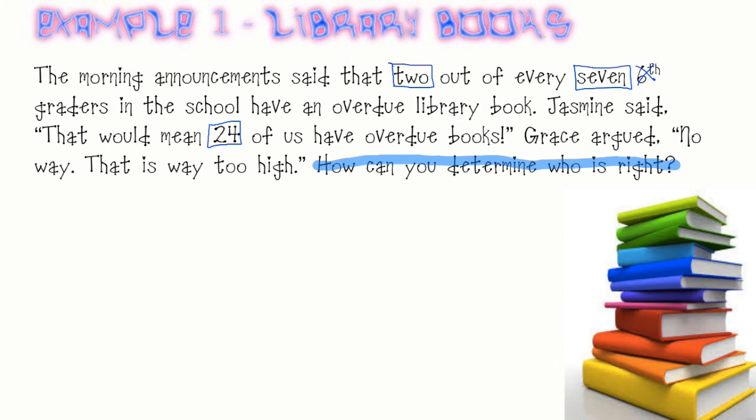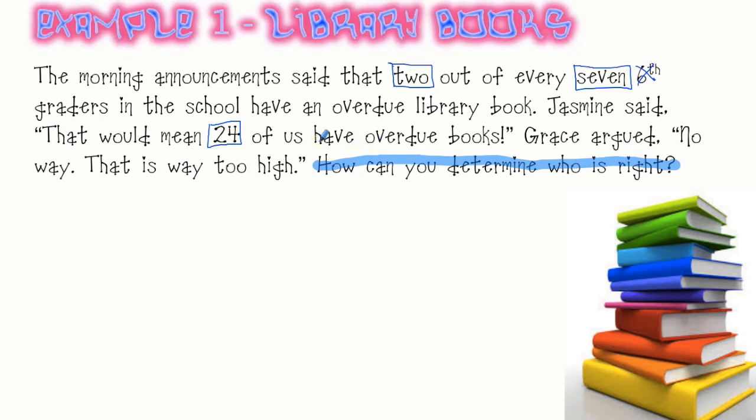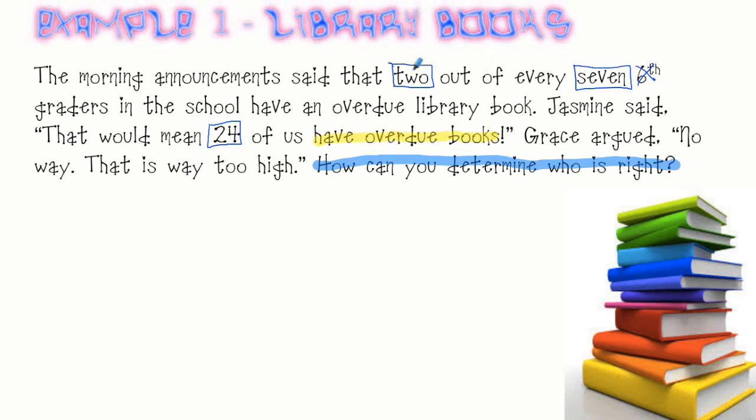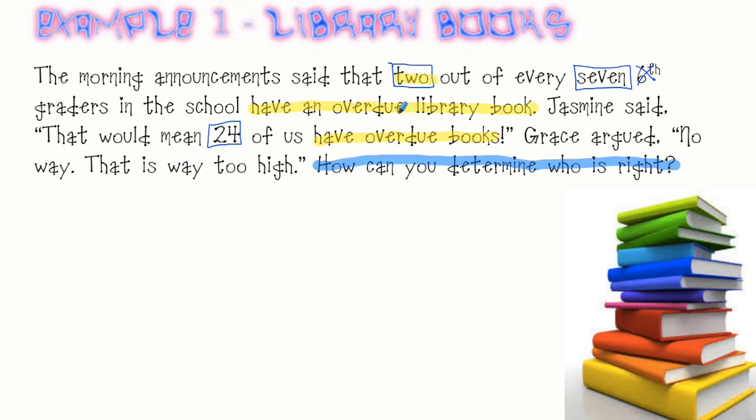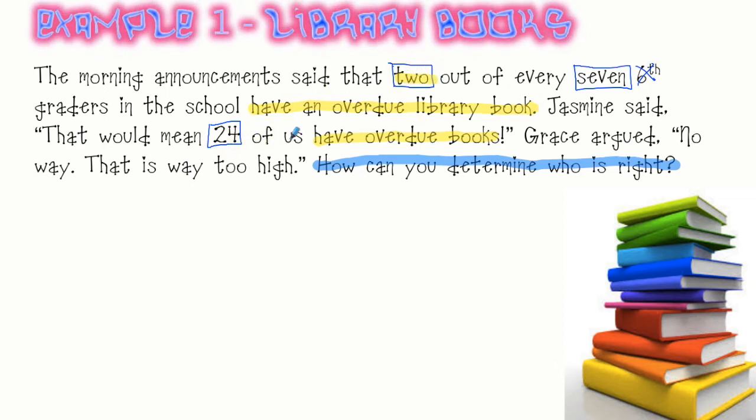Now here's where having another color highlighter is pretty helpful, because 24 have overdue library books. And here it says that 2 out of every 7 have overdue library books. So we know in this case that the 2 has to go with the 24 because both of them represent people with overdue library books.